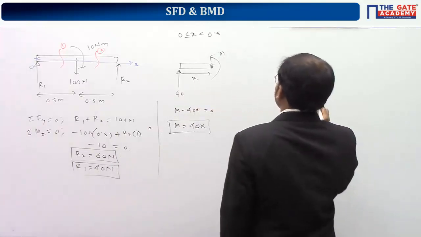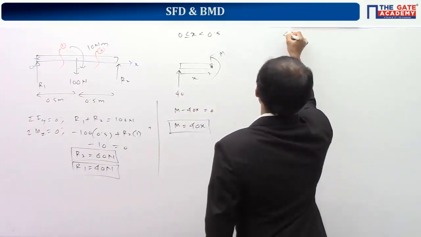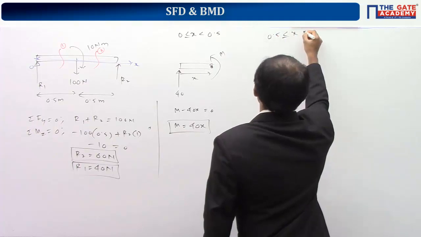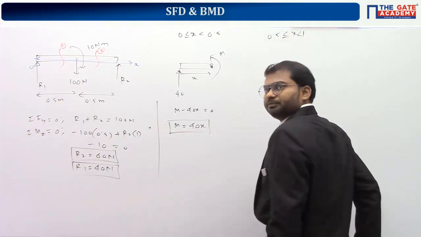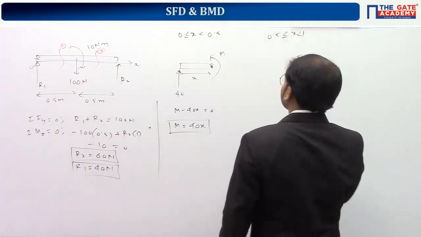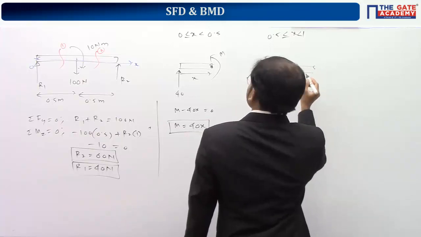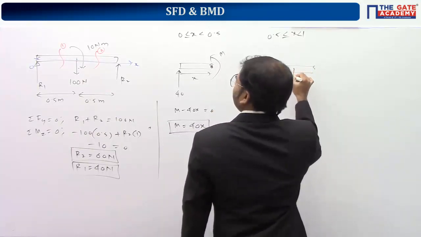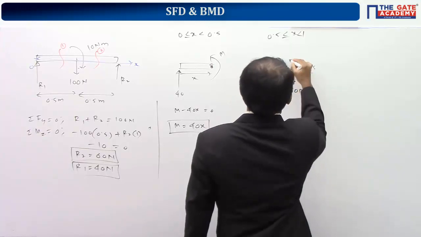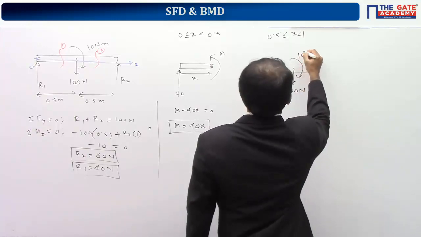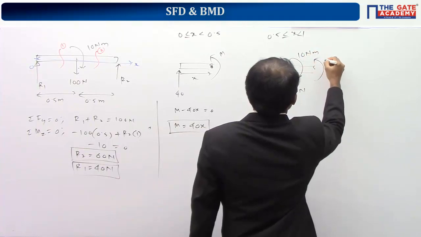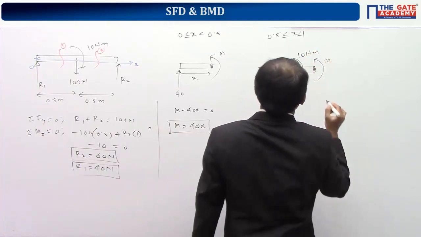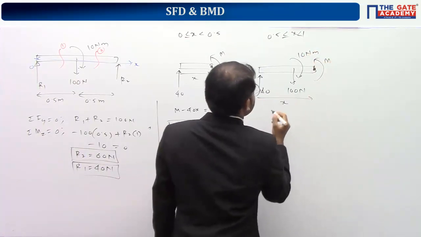Now if we take the left part of the second cut, x will be lying from 0.5 to 1. So this is 40, this is 100 Newton, and here there is a clockwise moment of 10 Newton meter. And this is the moment M here. This distance is x.